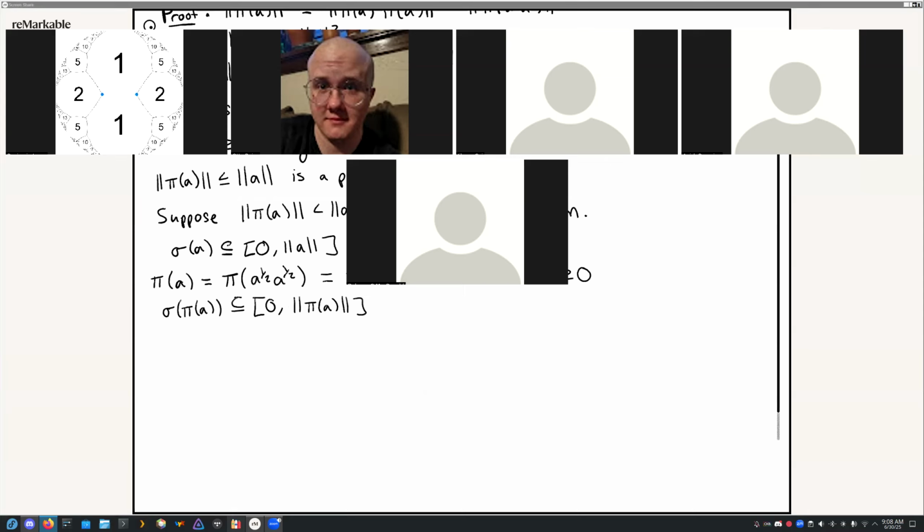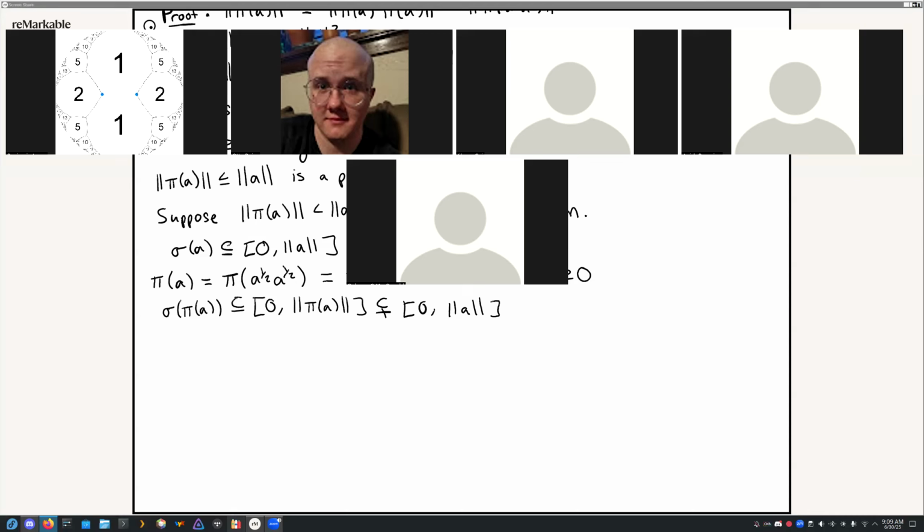And our assumption that the norm of pi of A is strictly less than the norm of A tells us that this interval is strictly contained in the interval from 0 to the norm of A. So the strategy is to use functional calculus, construct an element from A whose image under pi is 0, and then use the fact that functional calculus is an isomorphism to show that our function applied to A is actually non-zero.